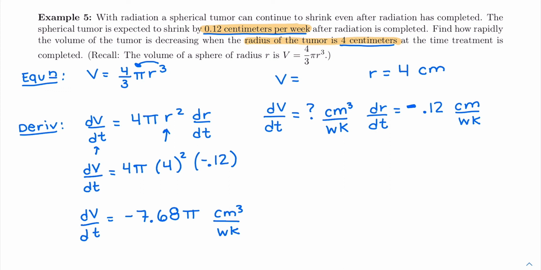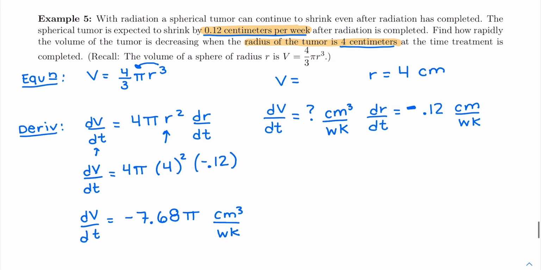Is it okay that we got a negative answer? Yeah, we want the volume to decrease. The radius is decreasing, so the volume overall must be decreasing, which is great for this patient. So we're going to say as the radius decreases by 0.12 centimeters per week, right? You don't say decreasing by a negative, because 2 negatives cancel out and become positive.